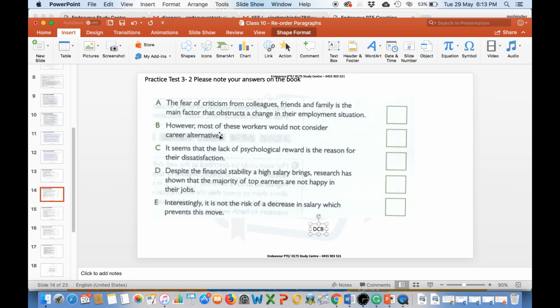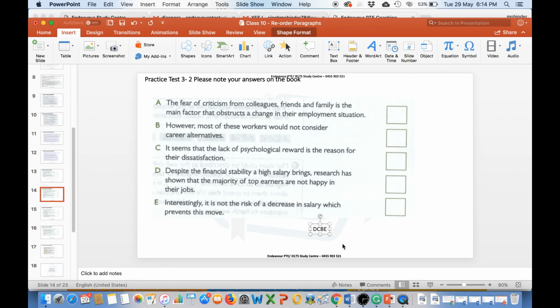So if they are not happy, they are dissatisfied, but still they don't choose to change their jobs, then they are giving a reason. "Interestingly, it is not the risk of decrease in salary which prevents this move." Which move are they talking about? Changing the job. So this move represents career alternating or changing the job.